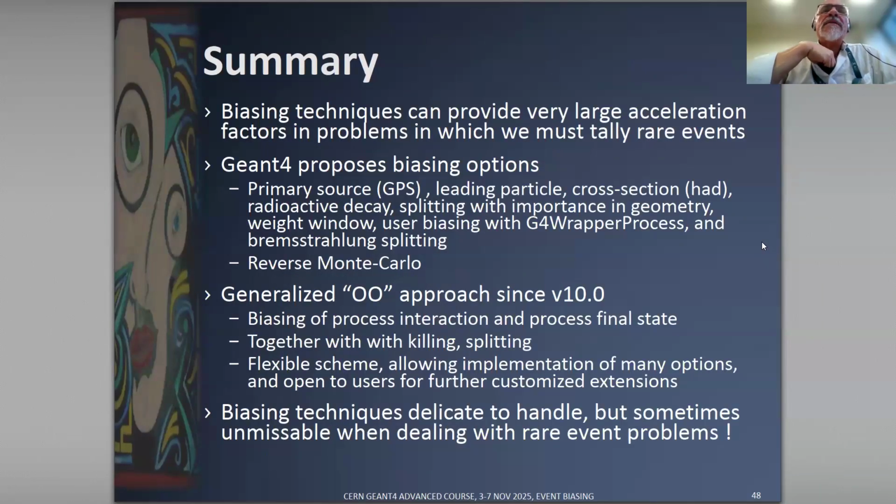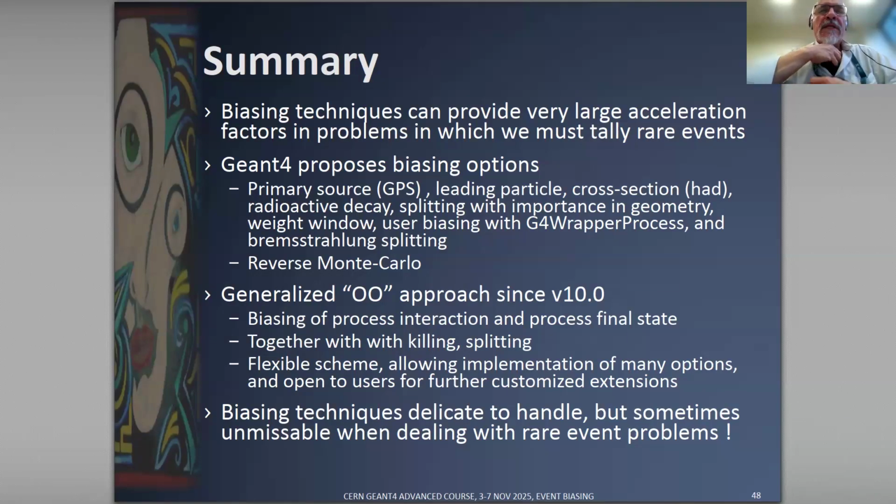The next slide. So in summary, biasing techniques can provide very large acceleration factors in problems in which what you need to tally are rare events. So Geant4 proposes many biasing options. There is this generalized approach, object-oriented since release 10, which is aimed to factorize all the possible forward splitting.